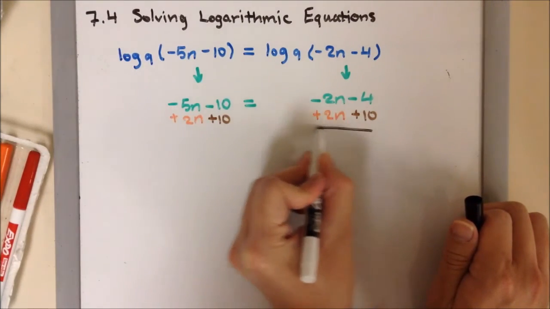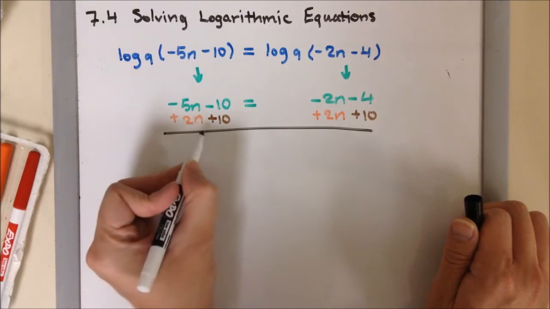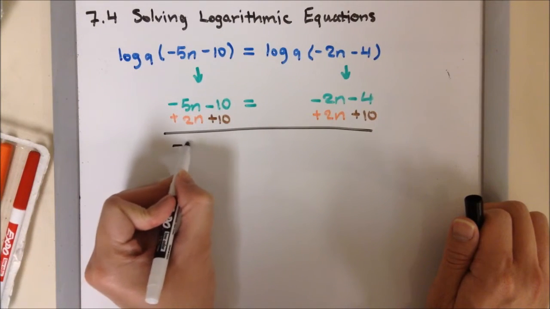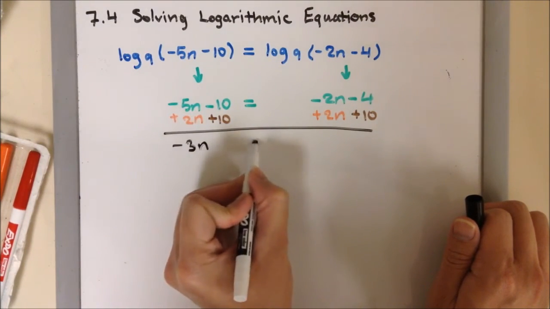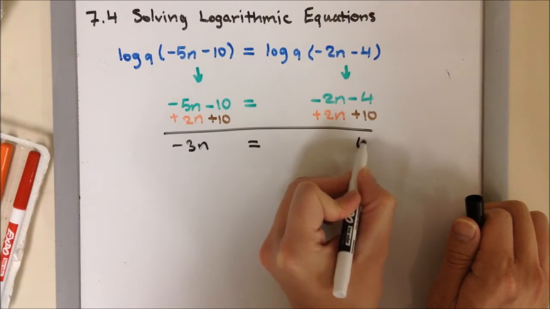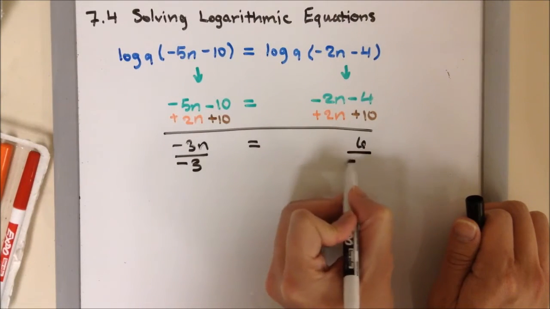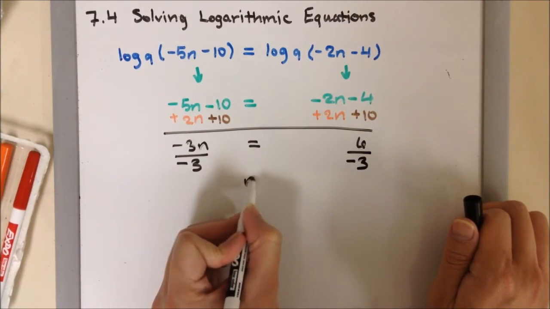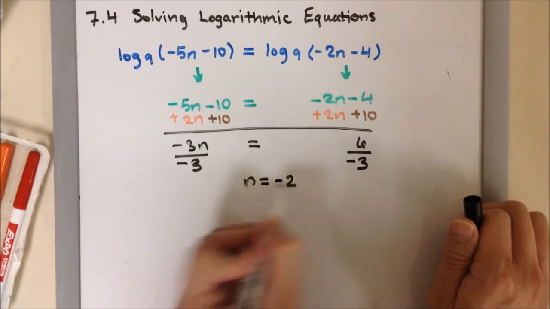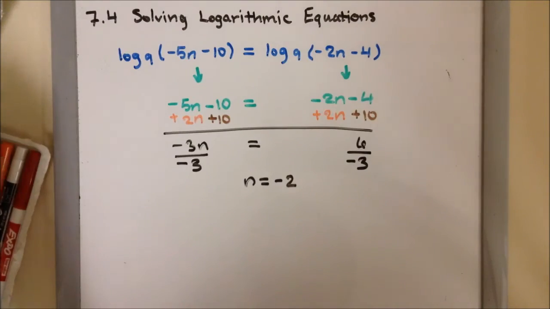Now I'm going to solve for my n's on the left, so negative 5n plus 3n will be negative 3n equal, then my numbers negative 4 plus 10 will be 6. Now I'm going to divide both sides by negative 3 to solve for n, so I get n equal negative 2. Now it's time to check if it works.